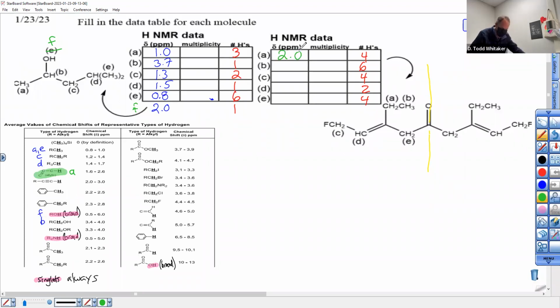And B is just RCH3. That's the only RCH3 in my molecule, so I'm just going to go 0.9. I don't have to separate it from a different one that's in our RCH3. And C is a double category. I'm saving C till the end.